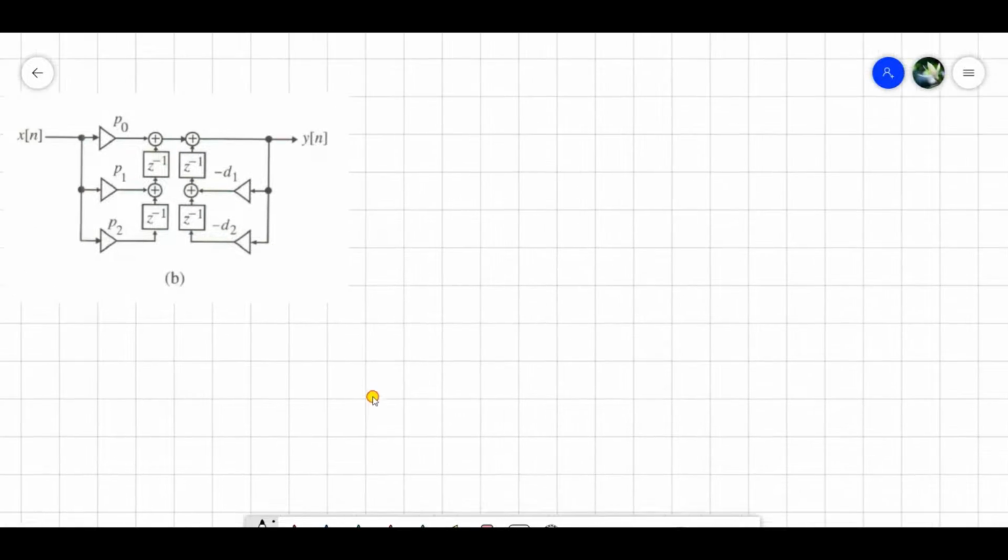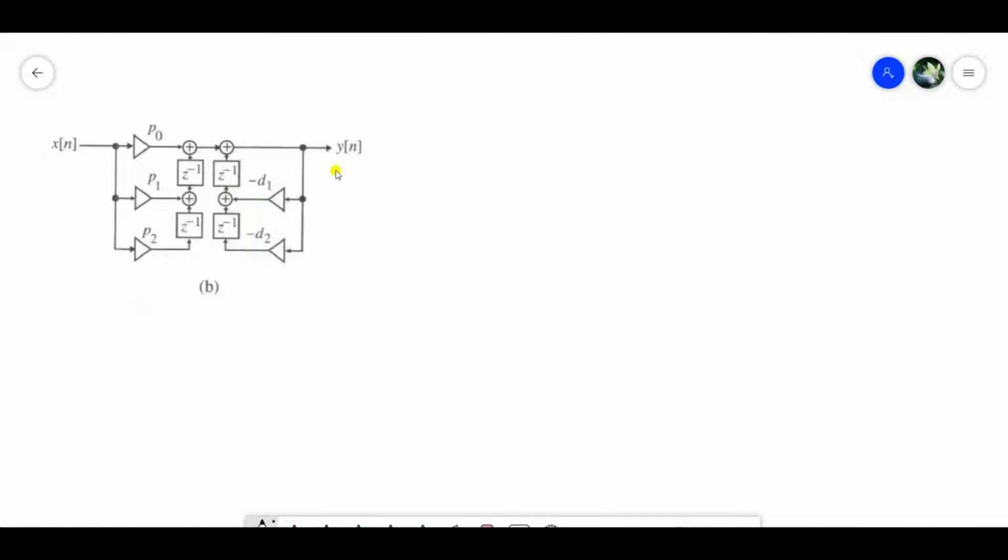Let's look at B. All right, now we have this diagram. Again, we look into what yn is made of. yn is made of a signal that comes from this summing junction. If you look closely, this is yn, this is a node, a branch. So this is actually yn.